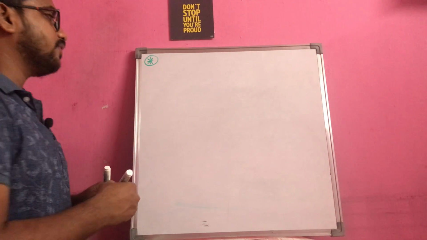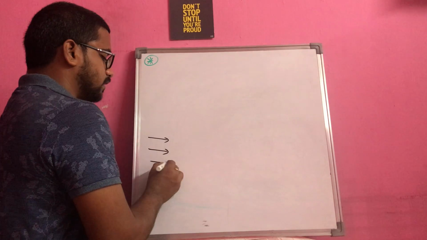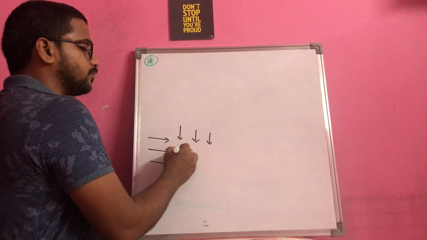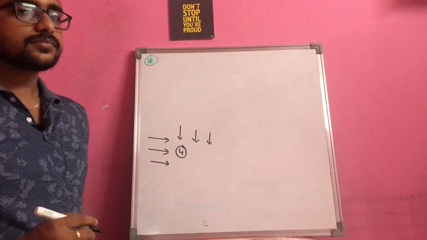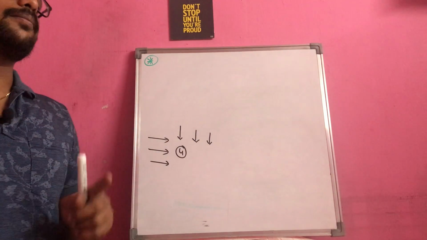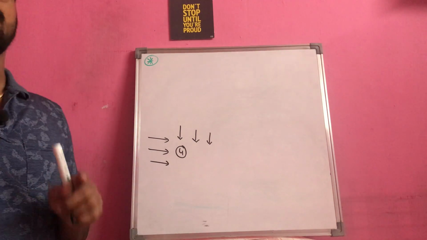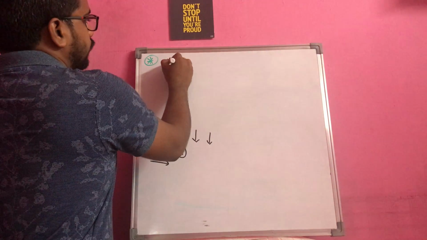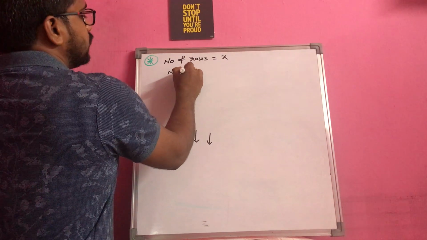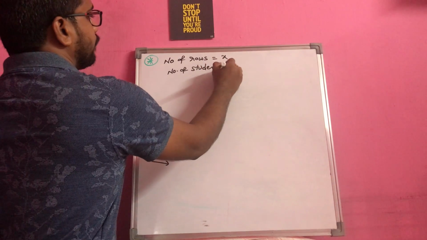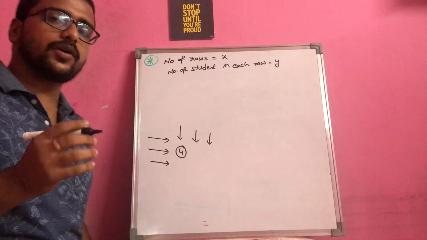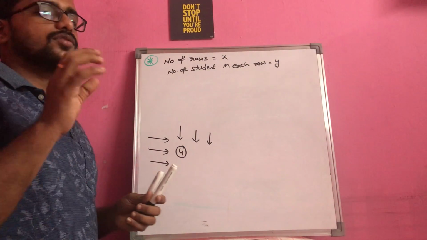You see, if I am having some x number of rows, and in each row, let us say 4 students, that means the number of rows into the number of students in each row will give me the total number of students. So we have to consider the variables as: number of rows is equal to x, number of students in each row is equal to y. If I take the product of these two, I will be getting the number of students in a class.